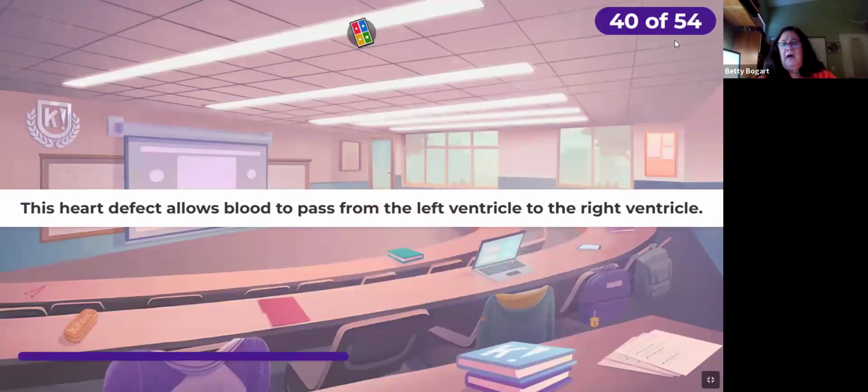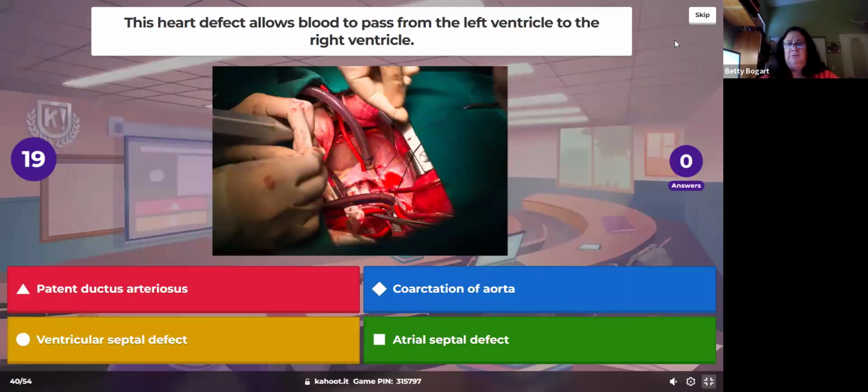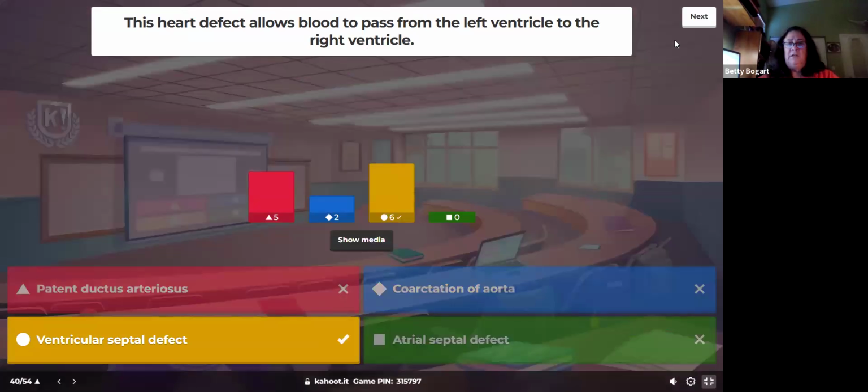This heart defect allows blood to pass from the left ventricle to the right ventricle. So if you have a hole between the ventricles, it's a septal defect.